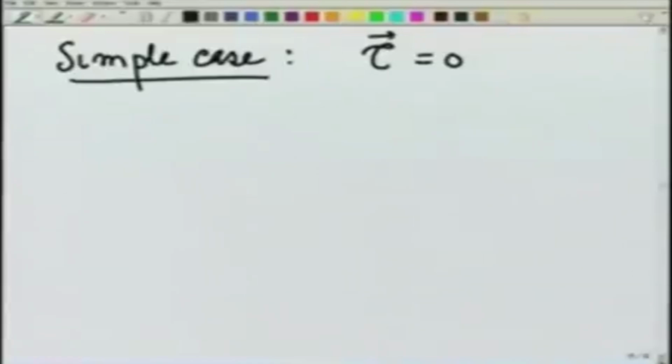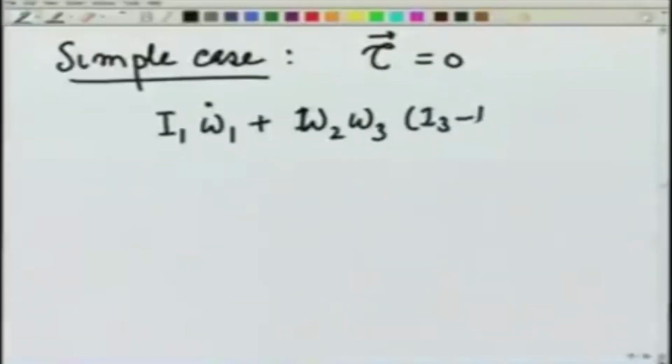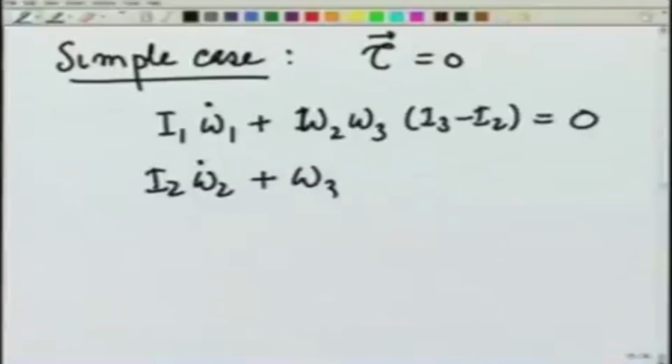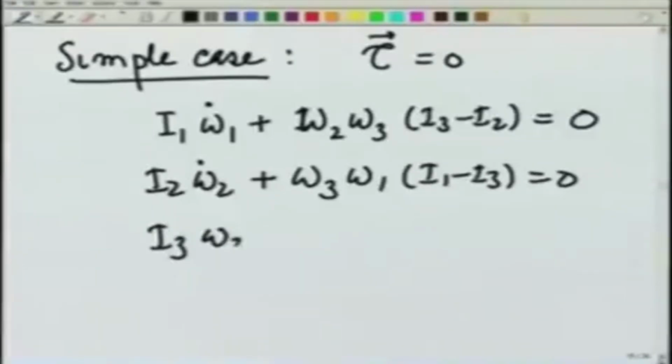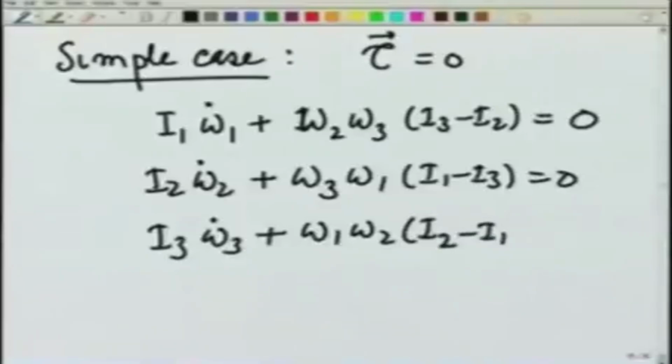If the external torque is 0, then the equations that we should be solving are I1 omega 1 dot plus omega 2 omega 3 I3 minus I2 is equal to 0, I2 omega 2 dot plus omega 3 omega 1 I1 minus I3 is equal to 0, and I3 omega 3 dot plus omega 1 omega 2 I2 minus I1 is equal to 0.